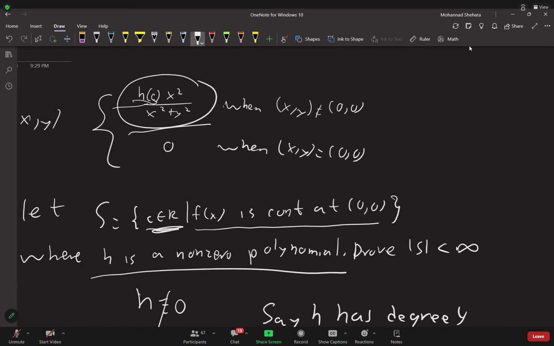What values of h of c make this continuous? Is it h of c equal to 1? h of c equal to 0?